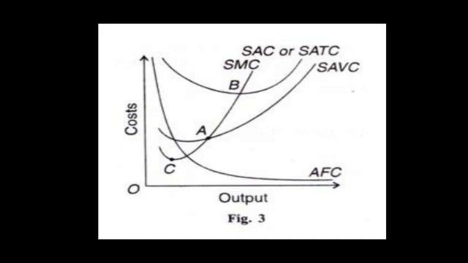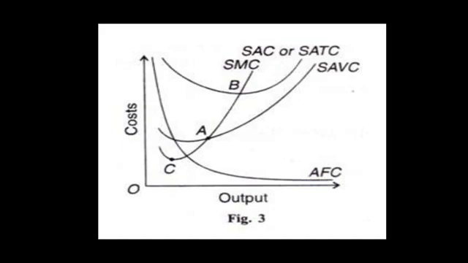But after some time, especially during the second stage of production, total product increases but at a decreasing rate. Hence, average product and marginal product fall in the second stage, which causes the average cost and marginal cost to rise during this stage.